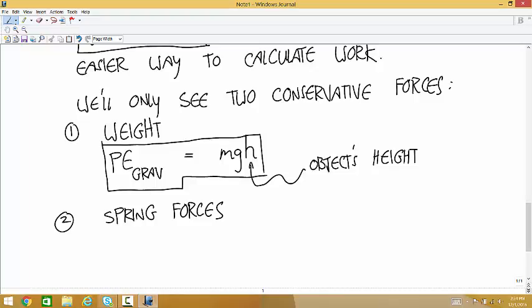Are you saying we're going to be given that every time? I'm going to give you, just like I gave you the gravitational potential energy, the spring potential energy now.